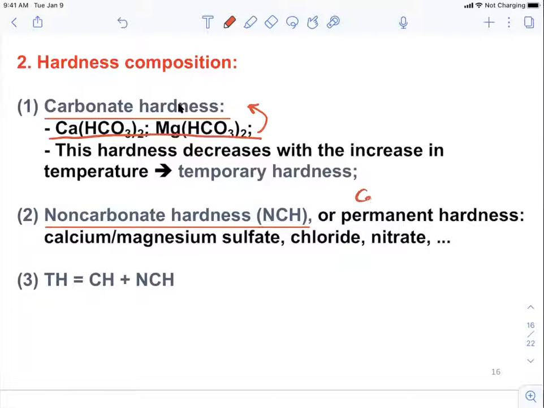These are, let's say, calcium sulfate or calcium chloride, right? For these species, when you heat them to high temperature, they're also going to form scales. They're also going to form sedimentation. But for these hardnesses, it's quite difficult to remove them. So we're mainly dealing with the carbonate hardness, okay?